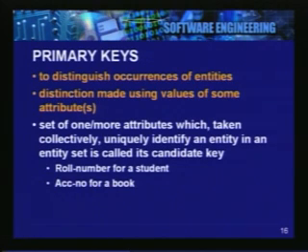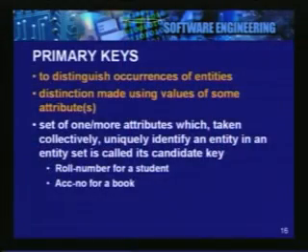And here are some examples. Roll number for a student. So, we can call roll number a candidate key attribute for the student entity. Similarly, accession number for a book in a library is its candidate key. Note that title of the book is not a candidate key, because in a library we may have many copies of the book with the same title.